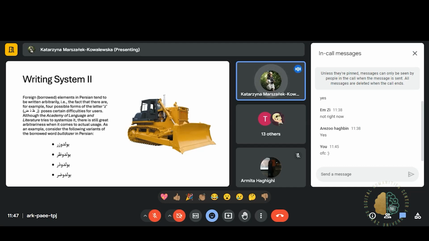As an example, you can consider the foreign word, I believe it's from French, bulldozer, in Persian. As we can see, it can be written in 4 different ways, just focusing on one letter Z. This might be problematic, of course, for lemmatization, and then also for sentiment analysis, because it is important to match the meaning of a particular word to the form.